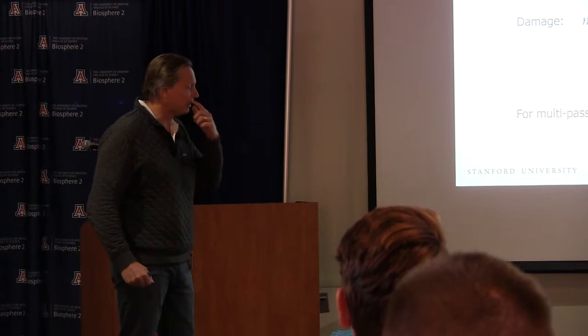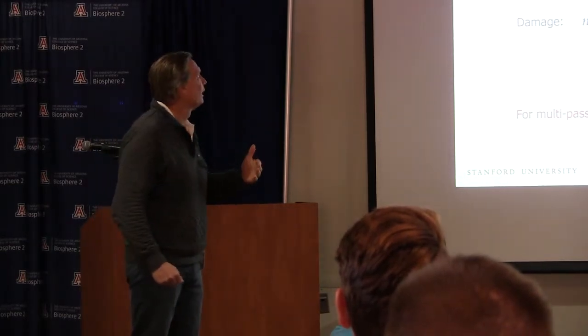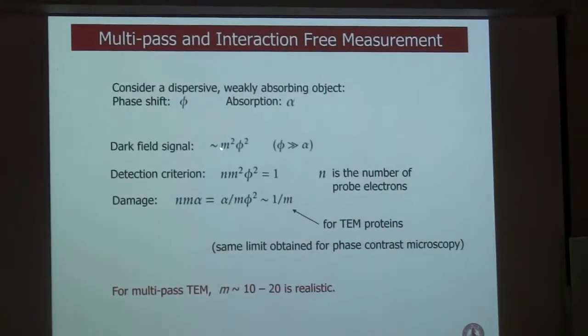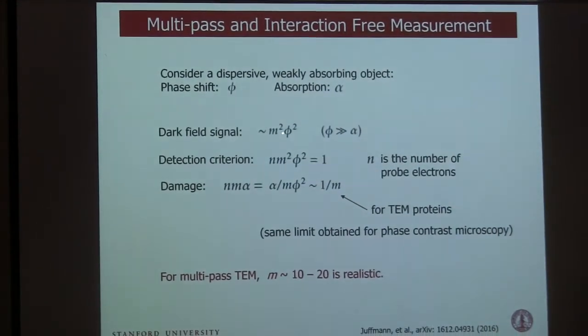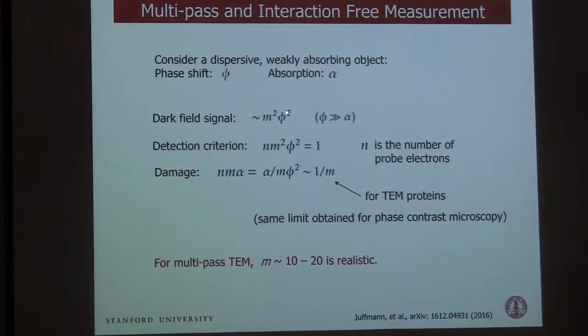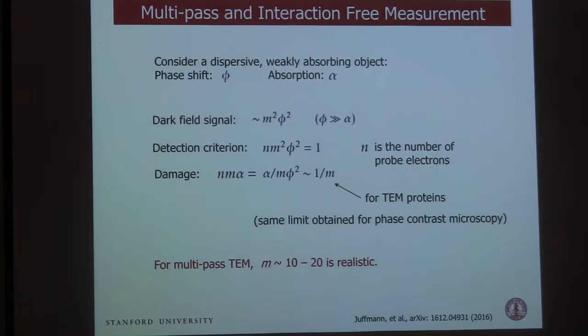So I have a detectability threshold, and this is a probability of detection for a single probe particle. Say this number, after I put in my n and my phi, is still less than 1.